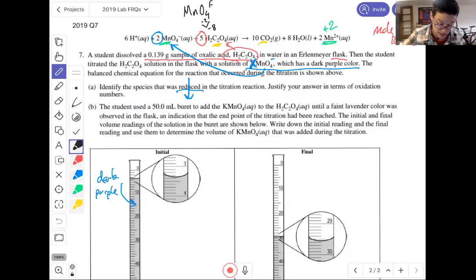I have to remember to leave 1 left over, so the manganese is a positive how much? 7. Okay, so was the manganese reduced? Yes. So the manganese went from a +7 to a +2. Done.